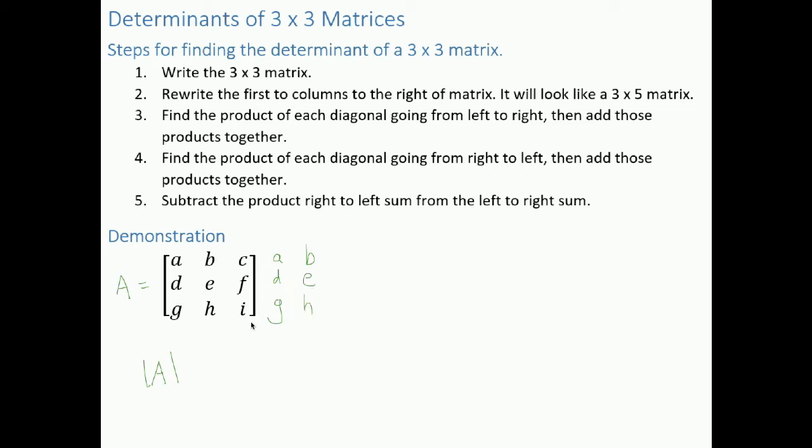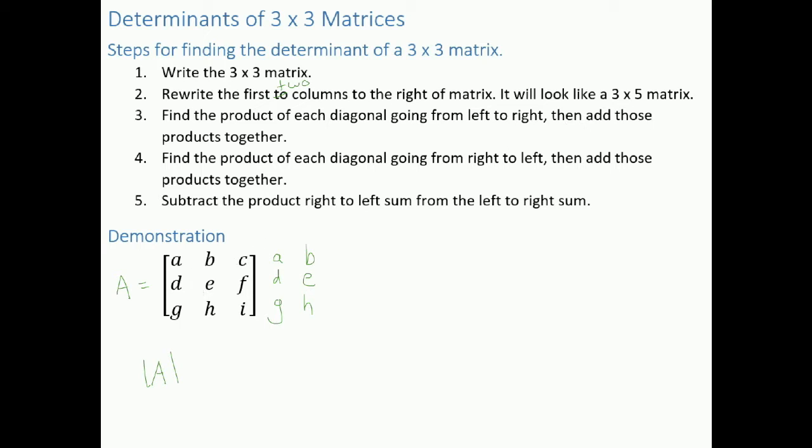And then we actually use diagonals again, just like when we had a 2 by 2. So we rewrote the first two columns to the right of the matrix, and it will look like a 3 by 5 matrix. Find the product of each diagonal going from left to right and add those products together.